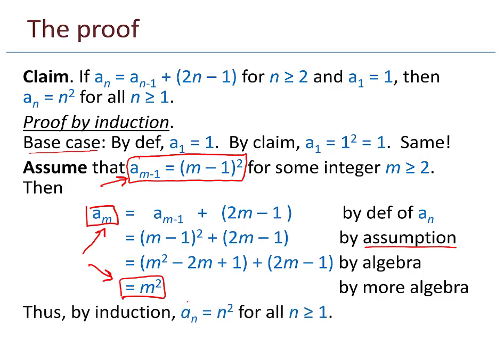Well, by induction, this actually proves that a sub n equals n squared for all n greater than or equal to 1, because I proved it for subscript 1, and then I showed if it's true for some subscript, the claim is true for the next subscript as well. It's kind of a cool idea, right?